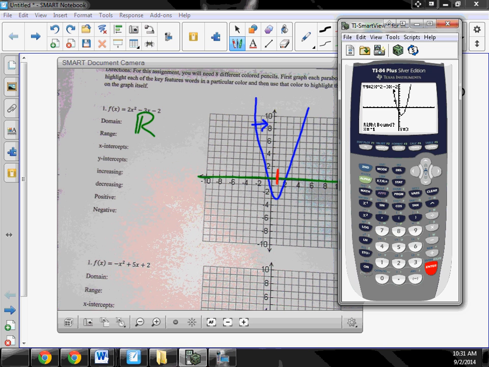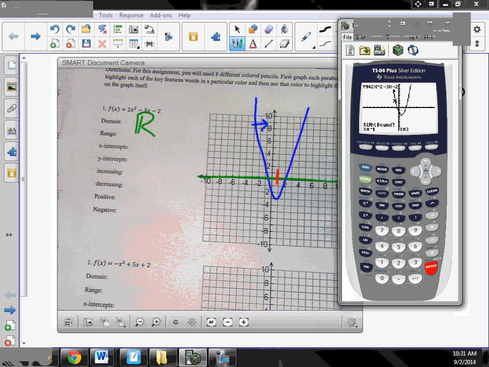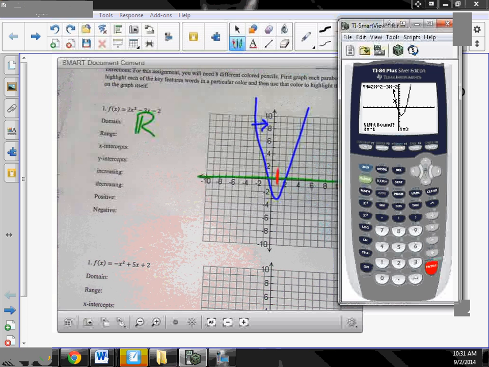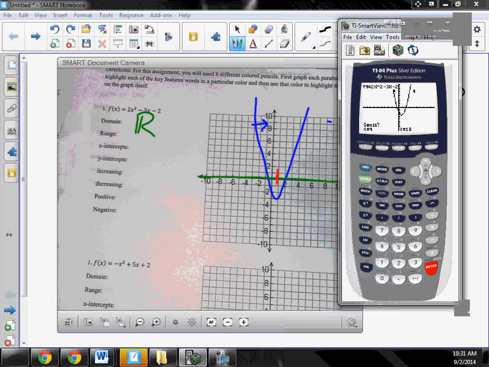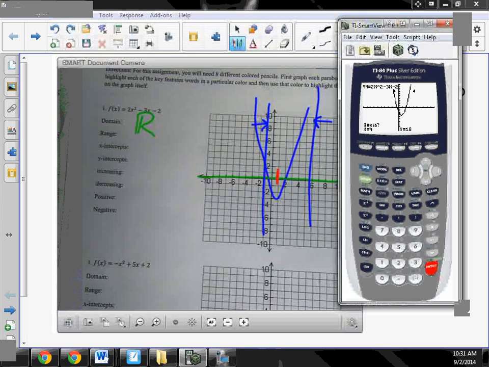What is a number to the right of the minimum? 4 or 5 or 6, as long as you don't go off the page, you're okay. So I'll type in 4, and then you can see another arrow here. Is the minimum between those two arrows? Yes, so we're okay. Now, what x value do we think is the closest to the minimum?